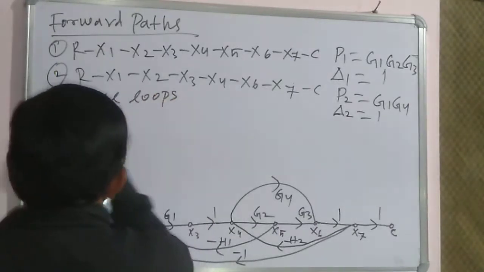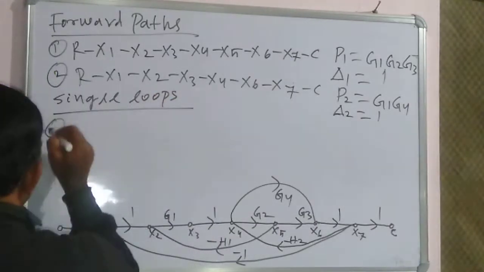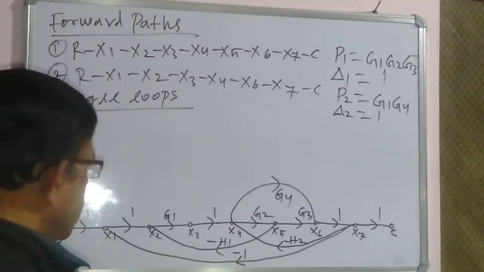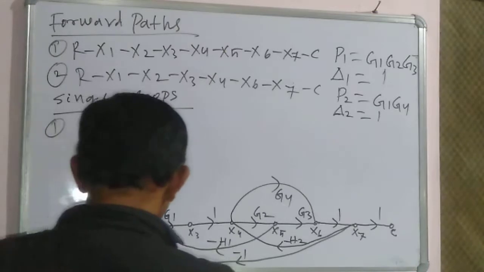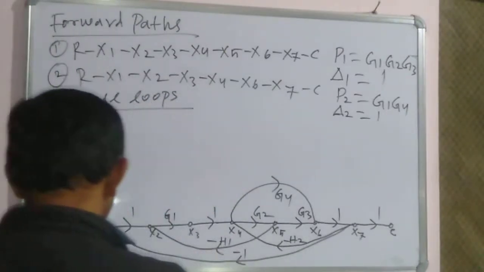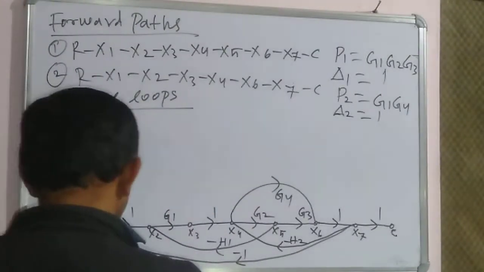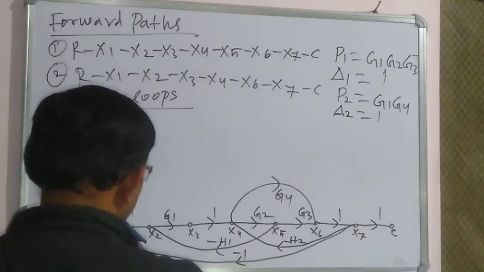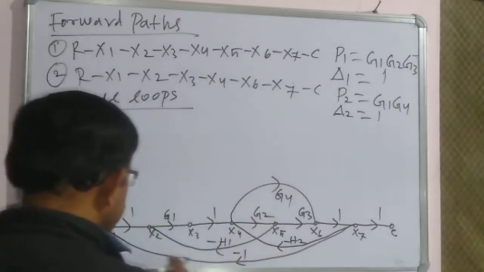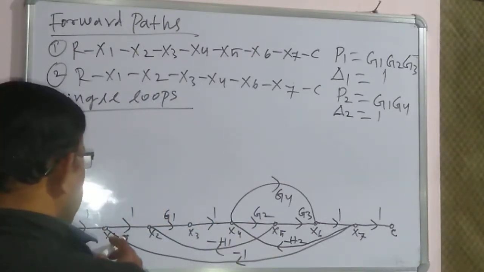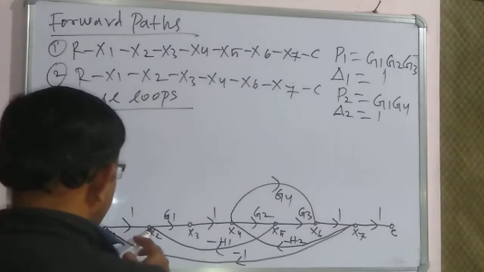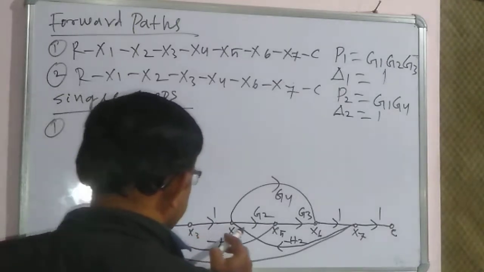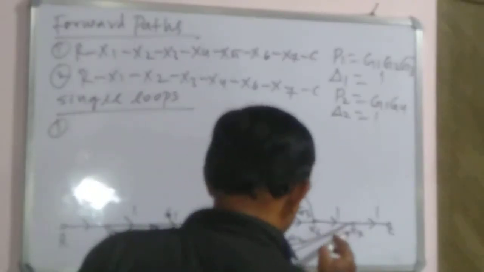and their gains. So this is the first loop. Very simple. A loop is a path that starts from one node and terminates at the same node. Let us consider this node x1. Here the path goes x2, x3, x4, x5, x6, x7.